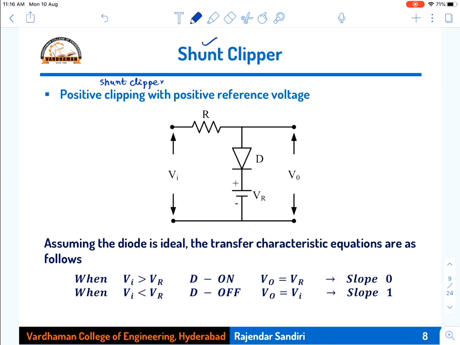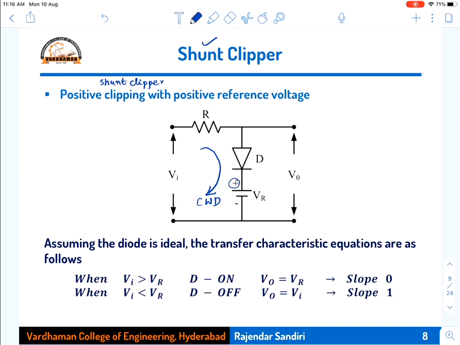Shunt clipper. What is the reference? In the previous example, we did not find any battery in the diode branch. Now we have a battery, and we have to see its polarity when looking in the clockwise direction. Which polarity do we see? Positive.